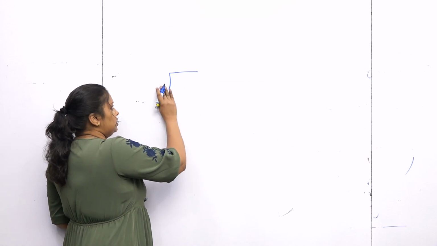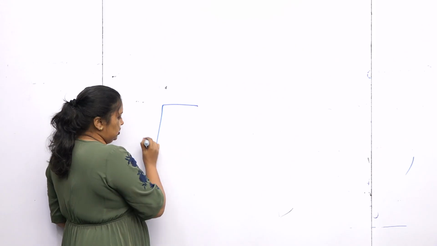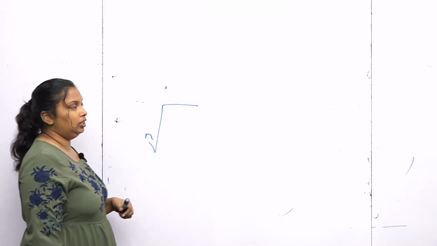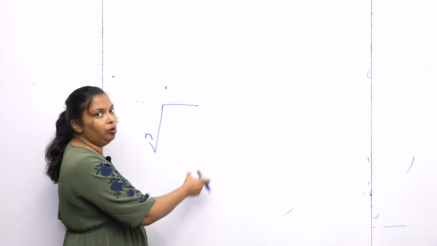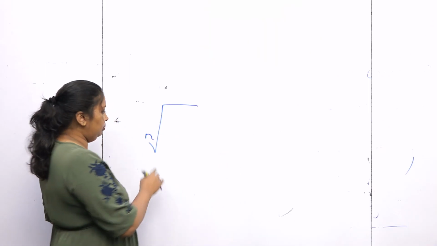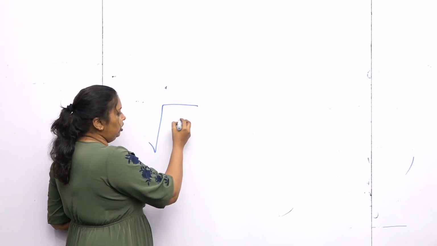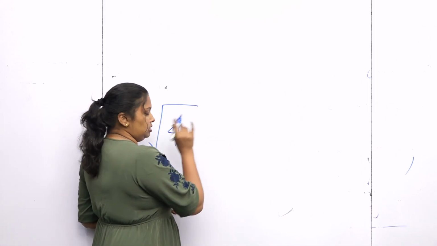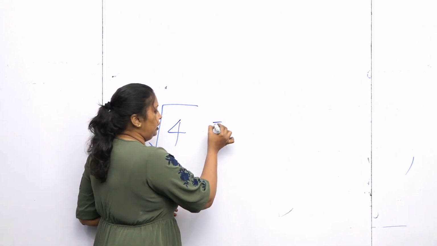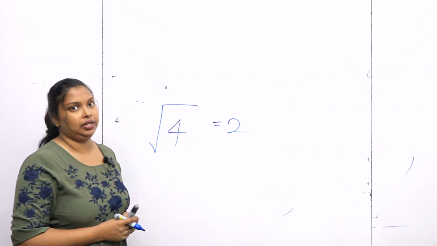We can have some other integer here also, right? This must not get simplified to a whole number. If the square root of 4, then this is not a surd. Why? Because we can write this as 2. Clear?